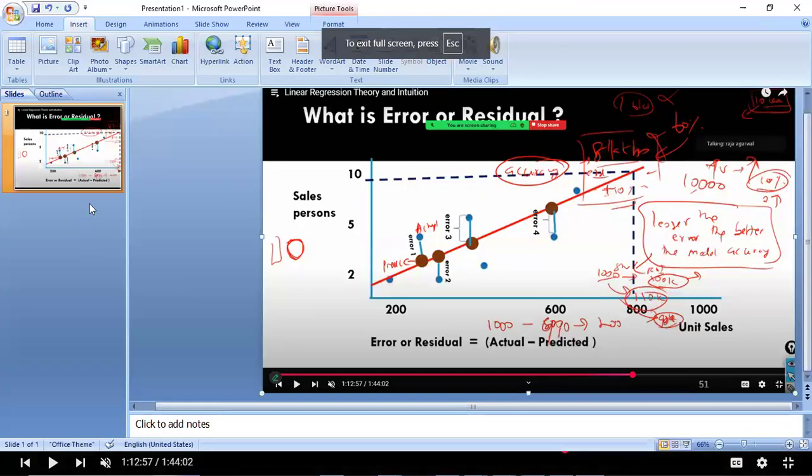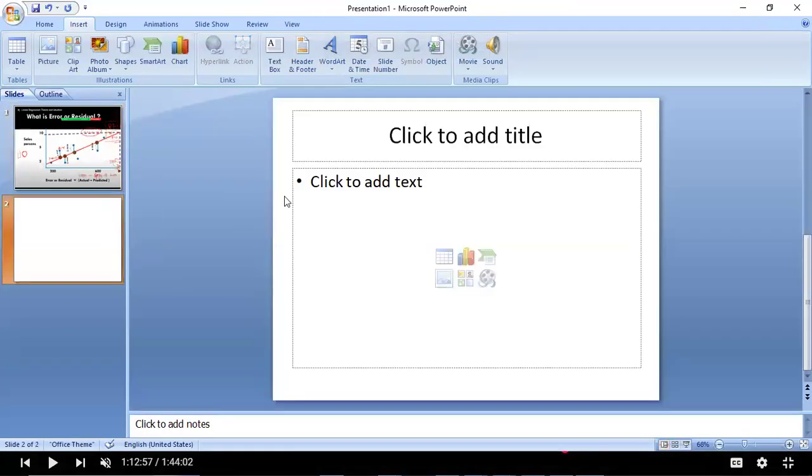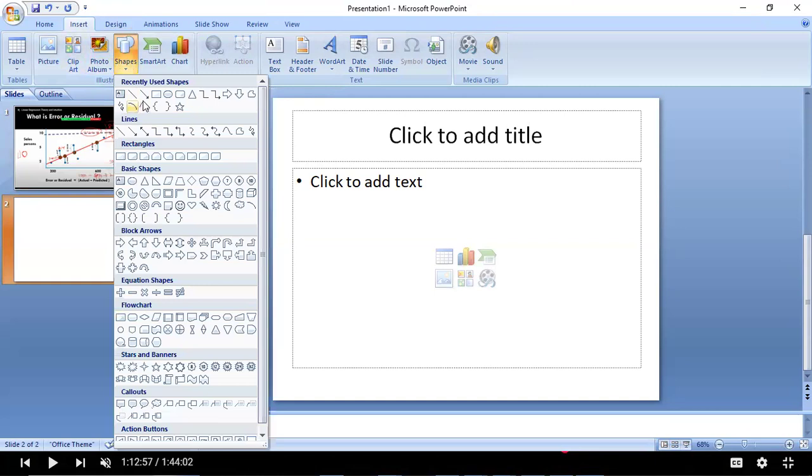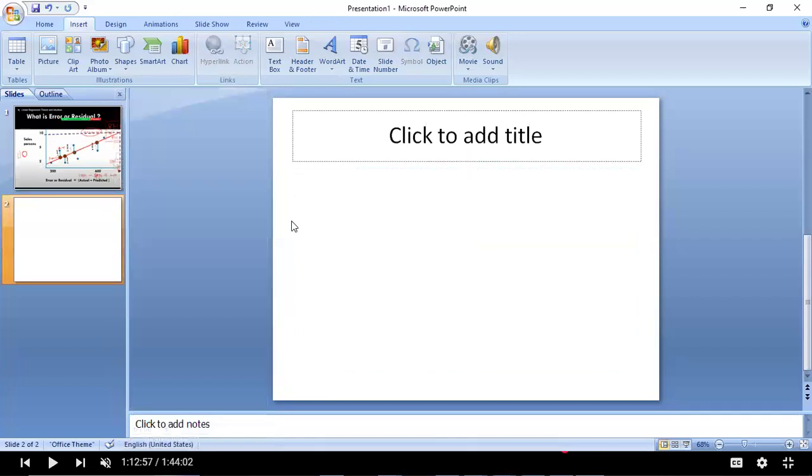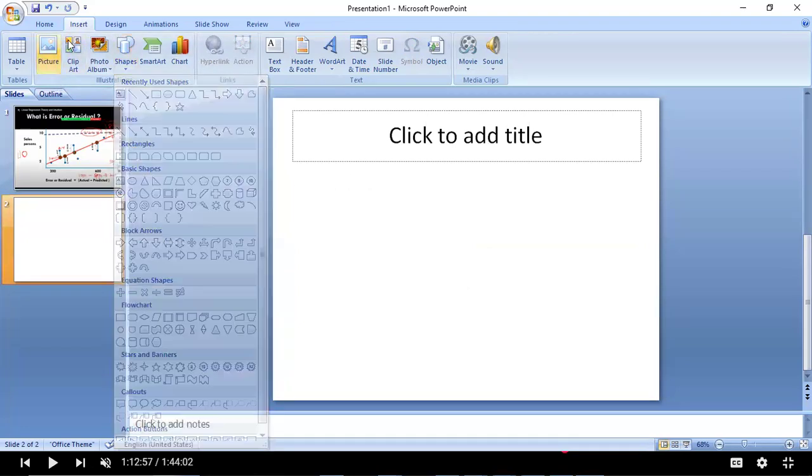See, if you are a project manager, you know very well. For example, the table is not there here. One second, I'll just, shapes, insert table.